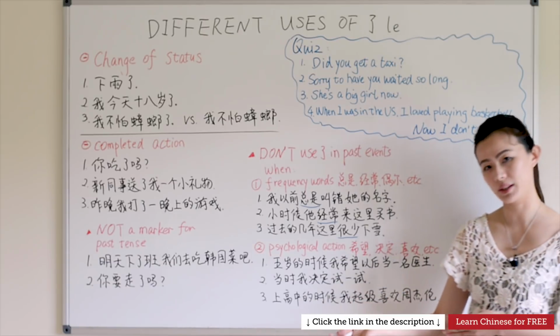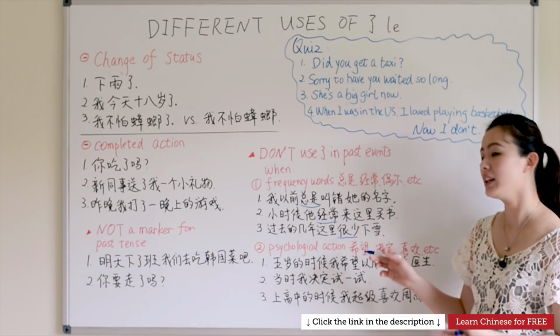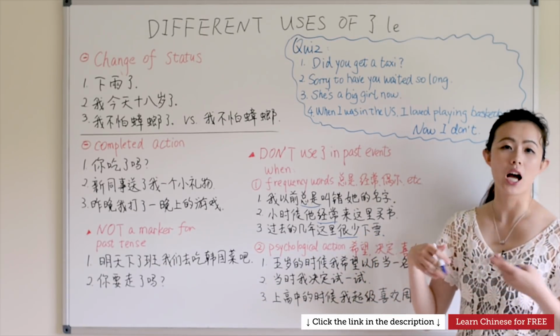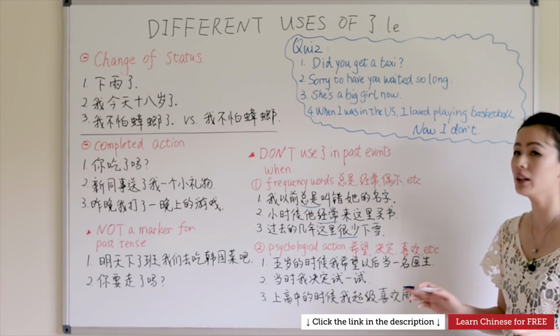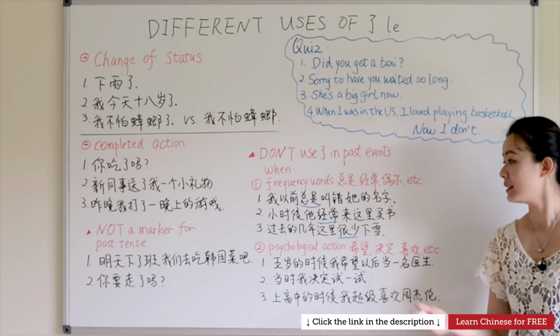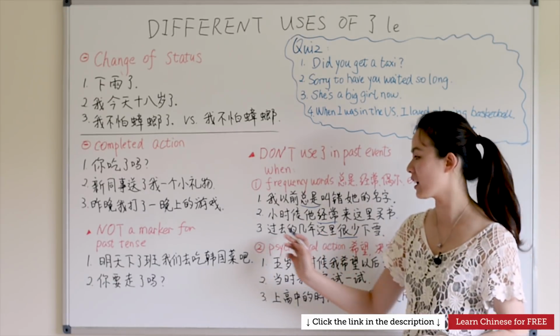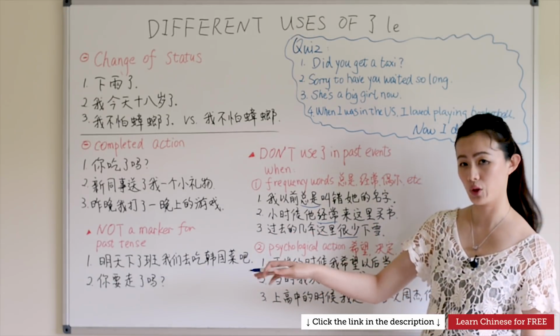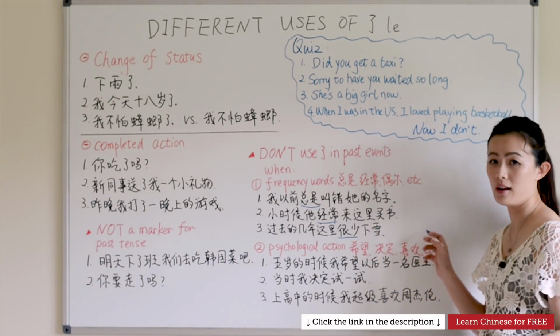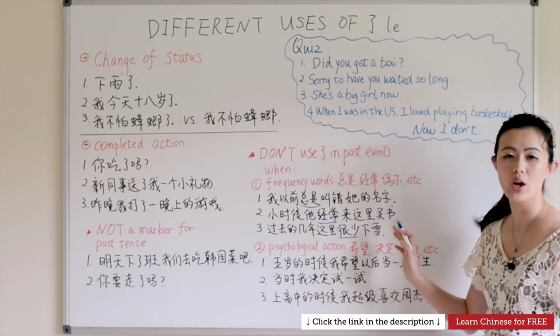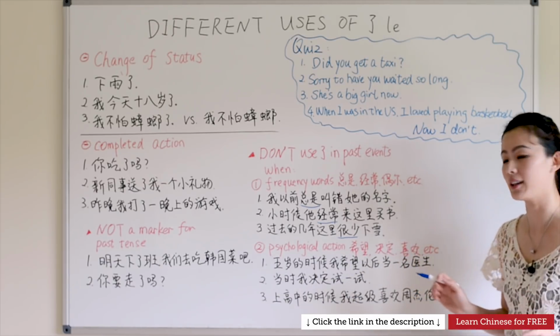So that's the frequency word here. 很少, rarely. 下雪, to snow. So in the past few years, it rarely snowed here. See, this is talking about the past few years. Still, we don't need to say 这里很少下雪了 or 这里很少下了雪. We don't need to use the 了 here.